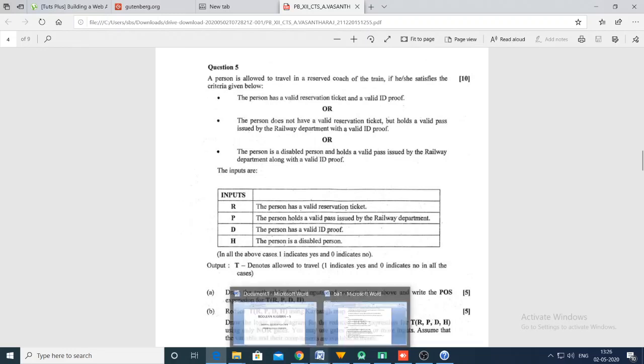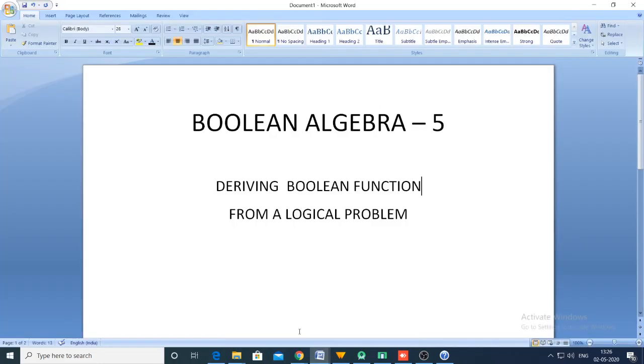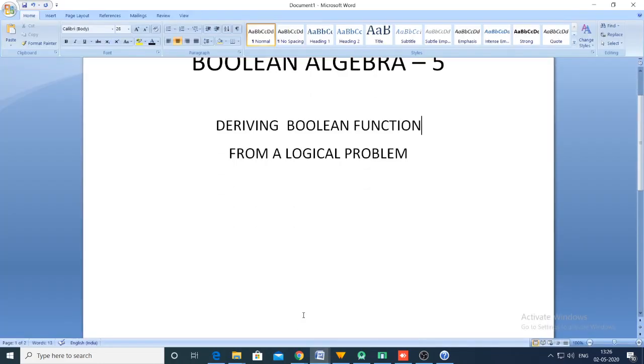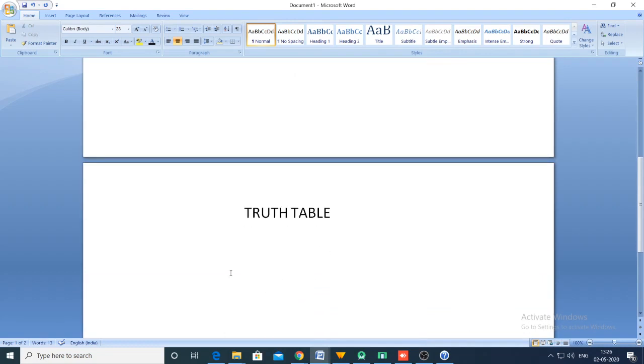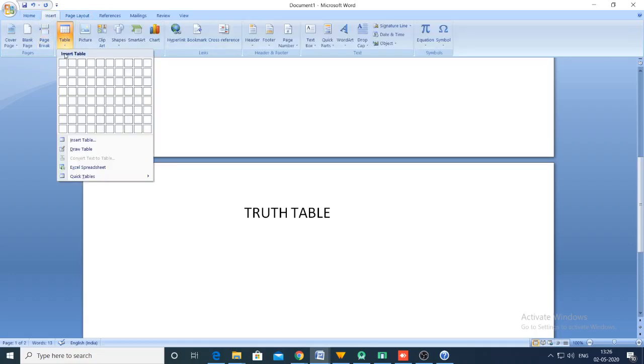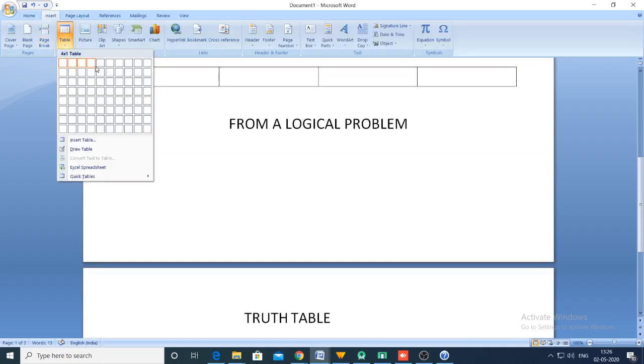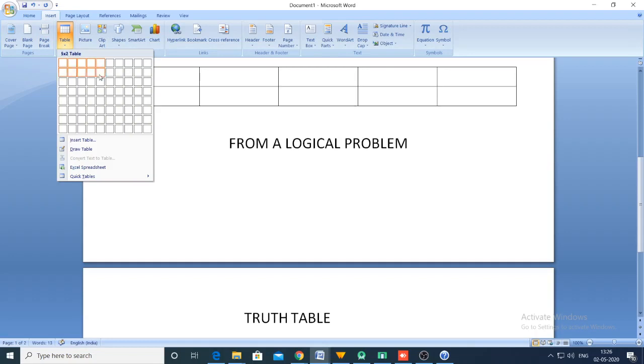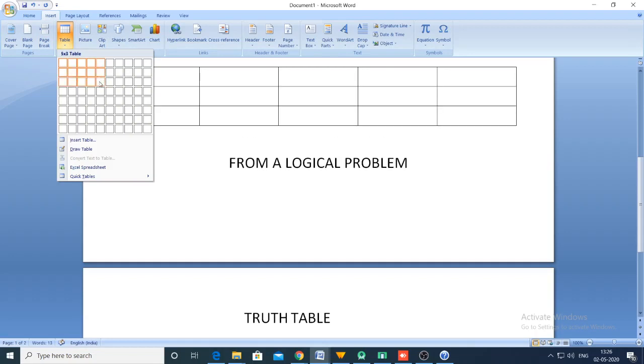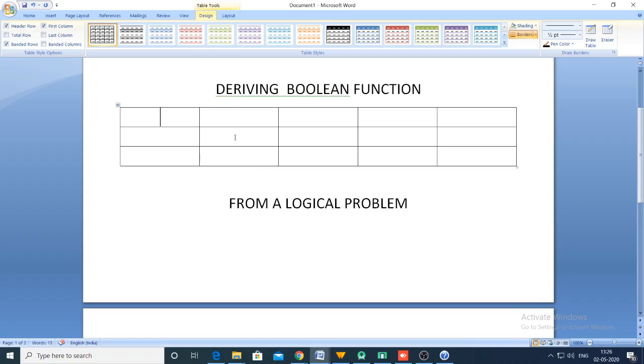Let me get into the truth table. Before making the logical expression, if you prepare the truth table, it will be well and good. Since 4 variables are involved in this problem, we take 4 input variables and 1 output variable.